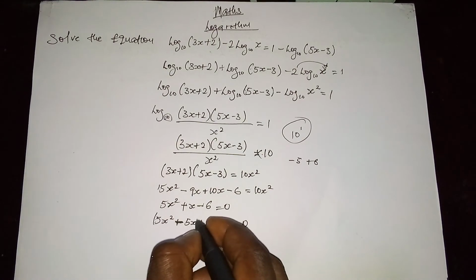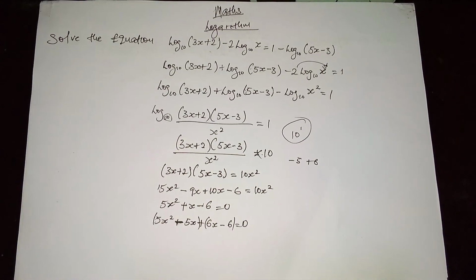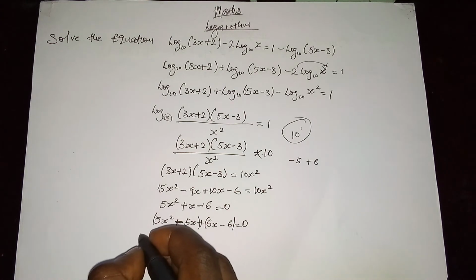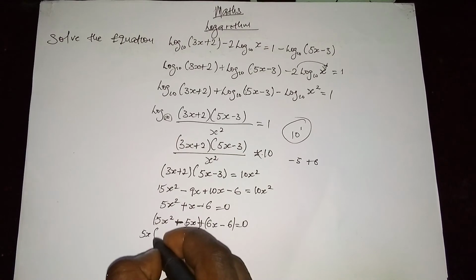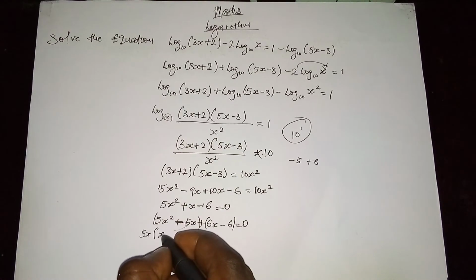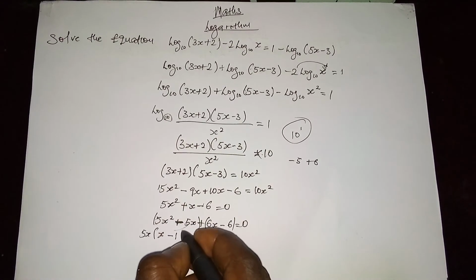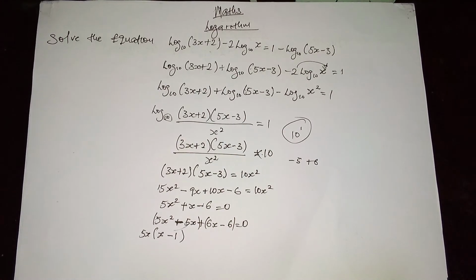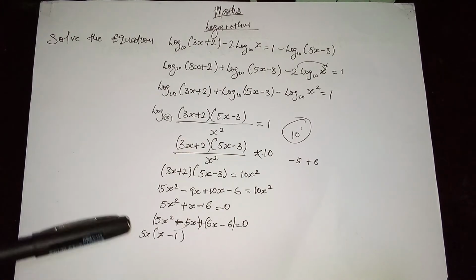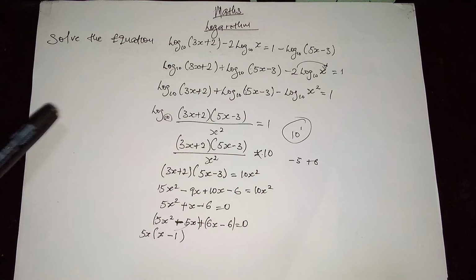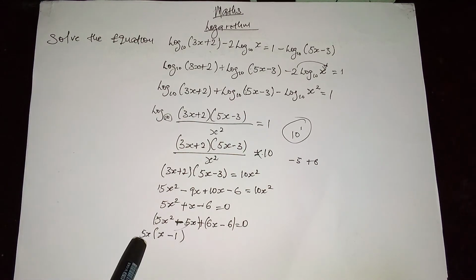So I'm going to factor out anything that is common. 5x is common in both terms in this case. So I have 5x, and because I have x squared here, I have (x - 1). You are factoring in a way that when you multiply back, you obtain what you have initially. So 5x into this will give me 5x squared, and 5x into negative 1 will give me negative 5x.